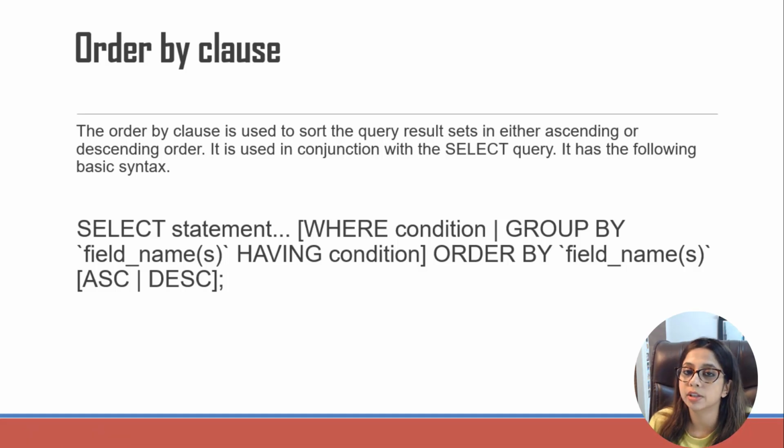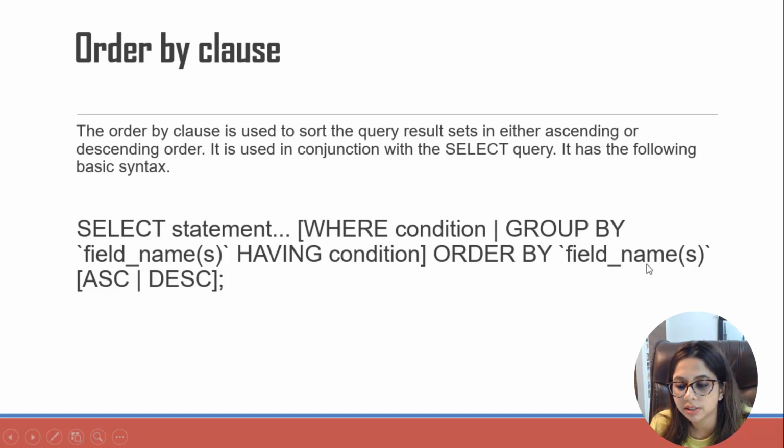And if there is a group by also, which we will learn later, the group by has to come after the where clause, and the group by has a clause called having. So after group by there should be having, and then order by.